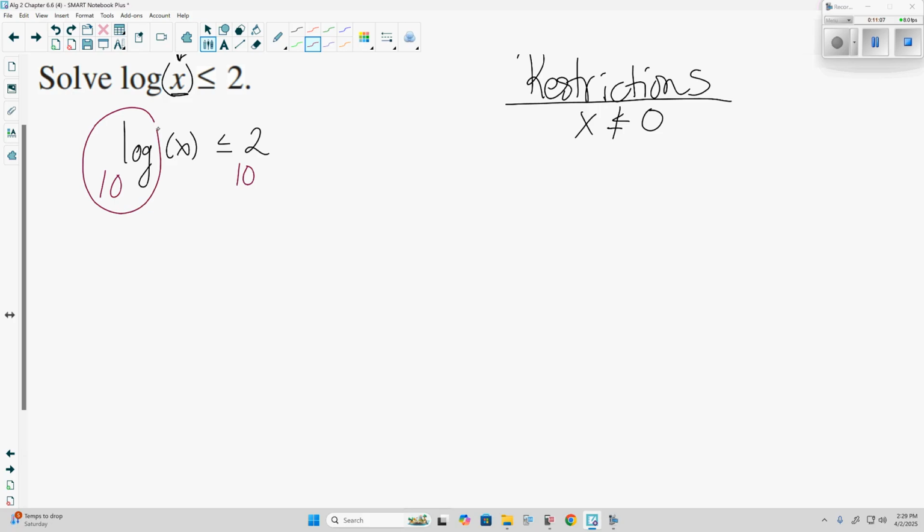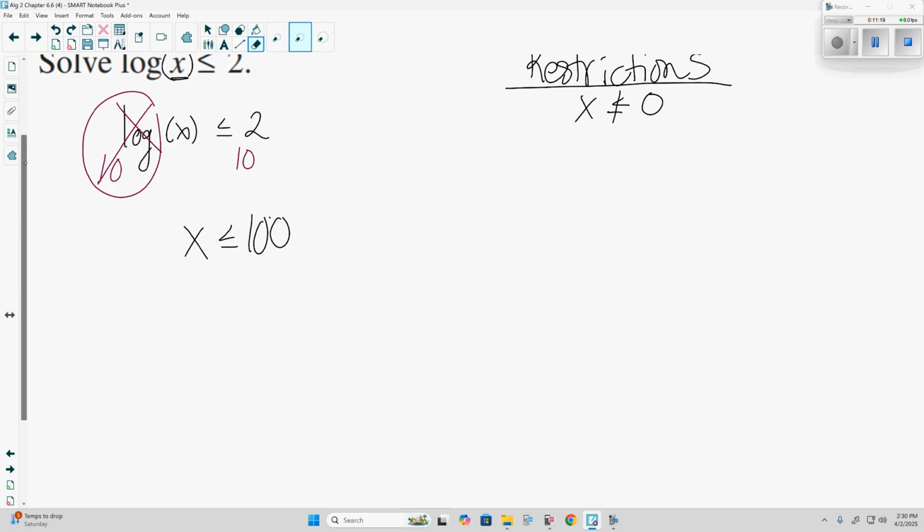Here, 10 and the log base 10 will cancel, giving us x is less than or equal to 10 to the second power, or 100. So we solved that there.